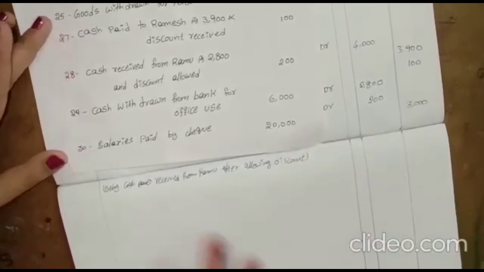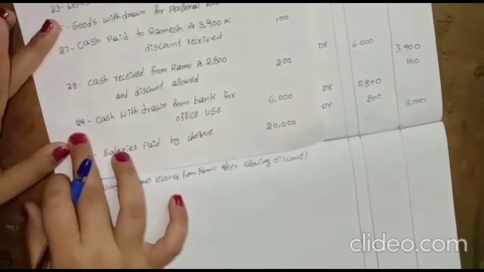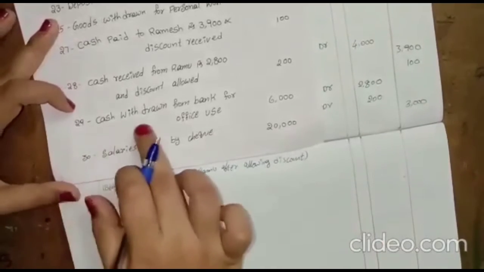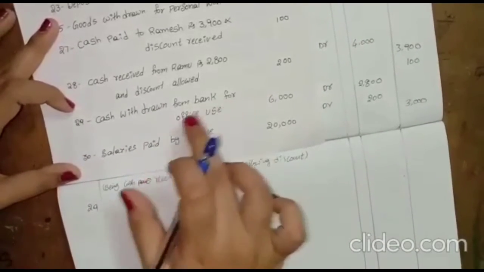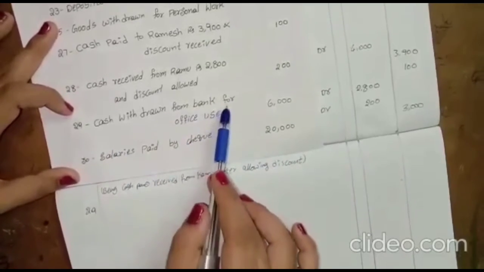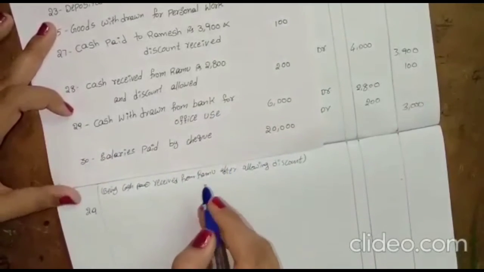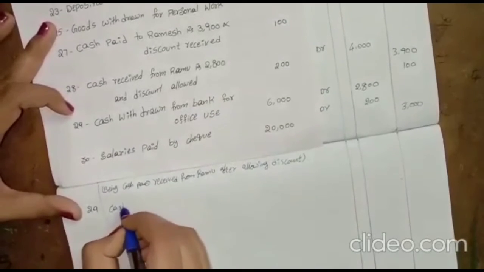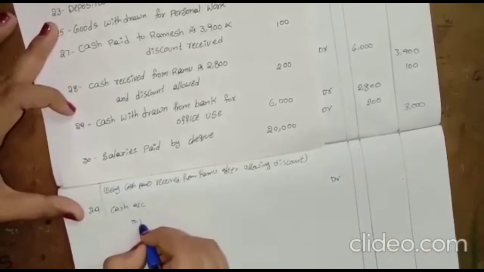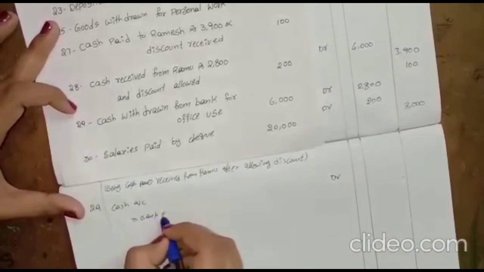And next transaction was held on April 29th. Cash withdrawn from bank for office use, not for personal use. So cash account, debtor to bank account.